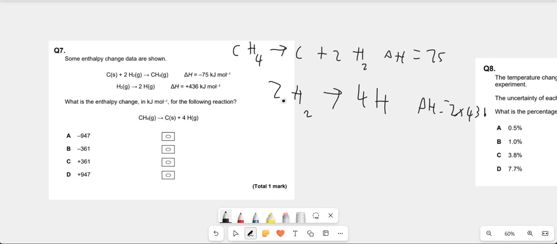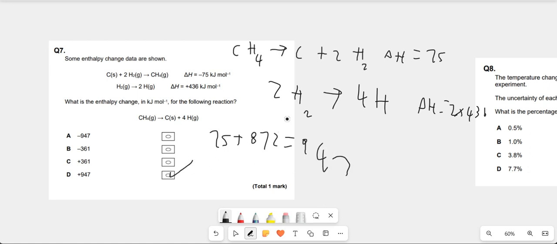Then that makes sense. Let me write the full enthalpy change first, so you can be satisfied. Essentially, this will be 75 from there, plus this reaction enthalpy change, which would be 872 because 2 times 436. And that's going to give me 947.